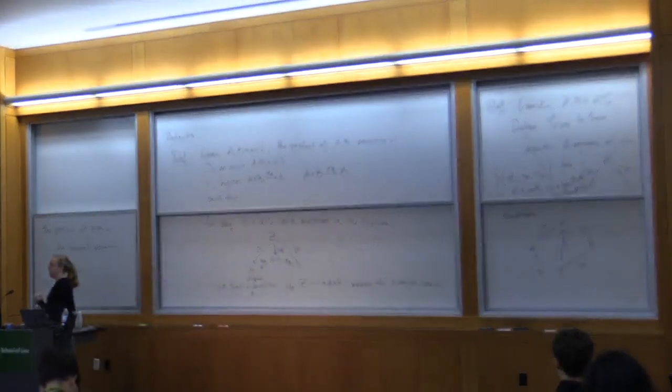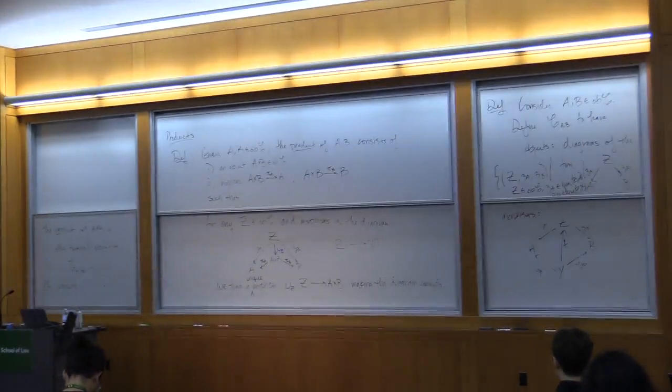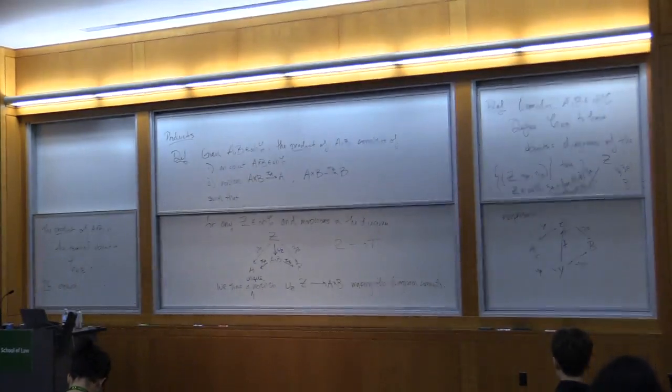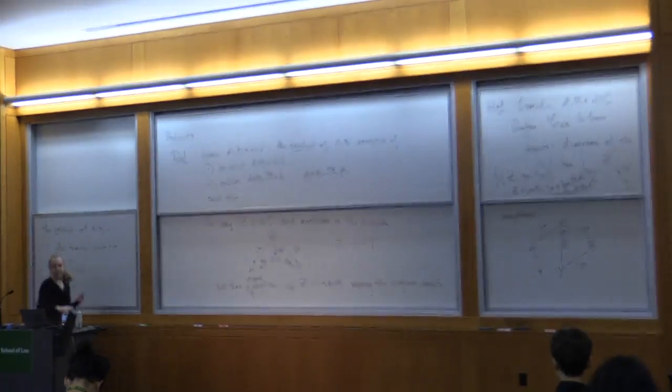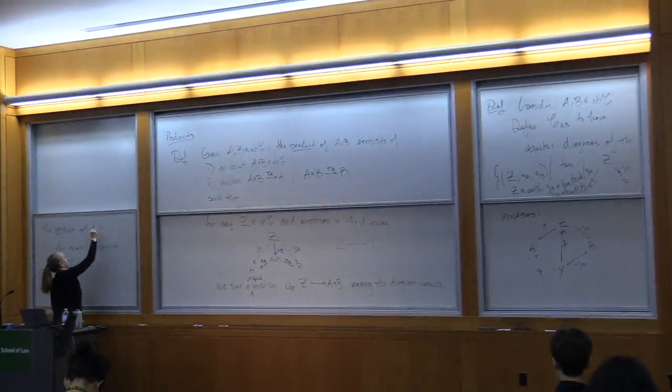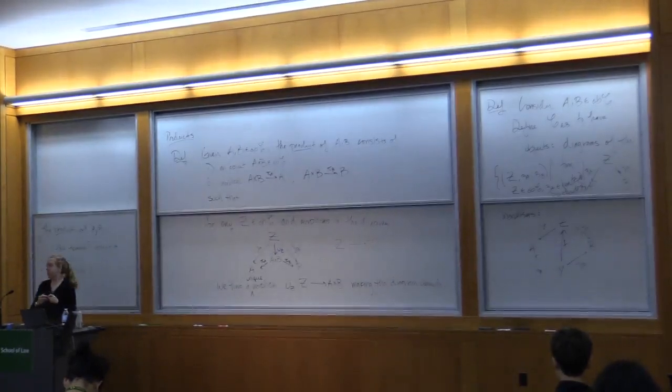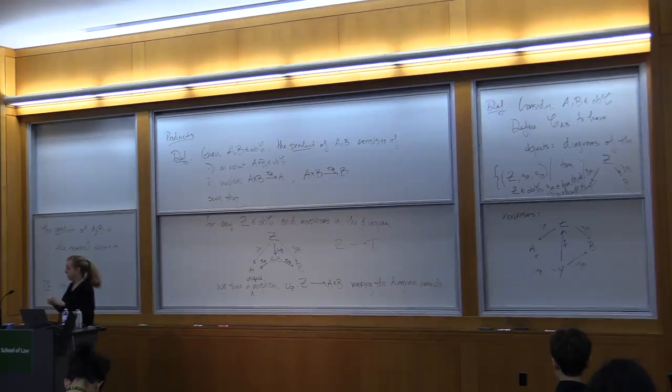Yes? Sorry, I'm very confused with this definition here. We're saying that the product of A and B is the terminal object, but up there, we were saying that the product consists of the object and also some morphisms from the object.